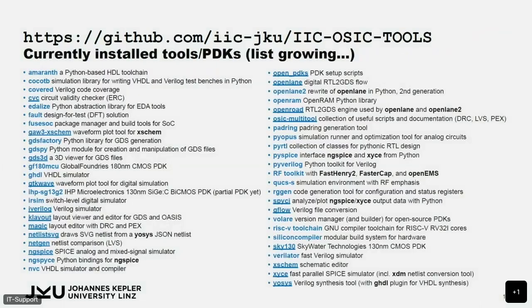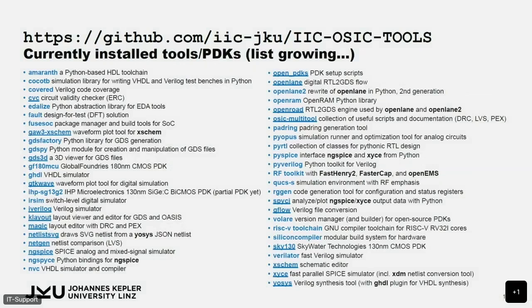Speaking of tools, here's a list of what we have currently in our image. You see it's a lot. And supporting this, we do monthly releases of our image. That's quite a bit of work, more than I have hoped. But we have to compile all these tools for 2 CPU architectures.